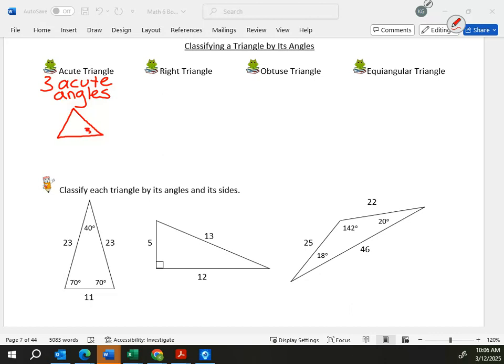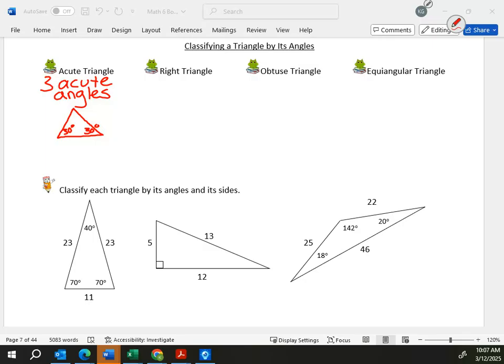So I could do 30 degrees. And then now you said do another 30 degrees. So that's 60 degrees. What would my last angle have to be? What do triangles always equal, James? 180 degrees.